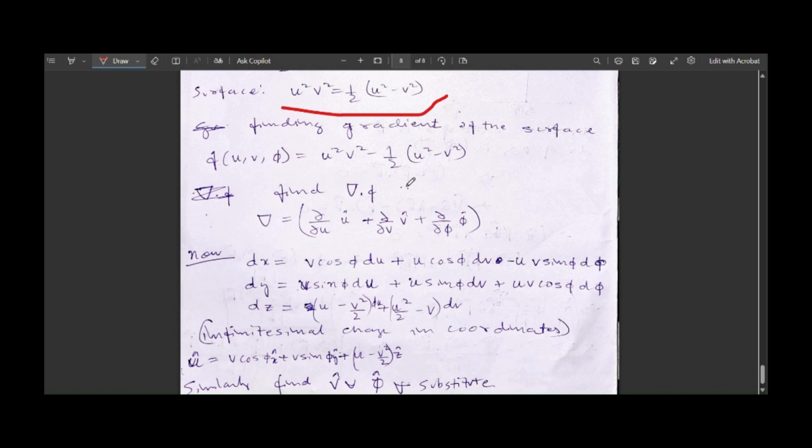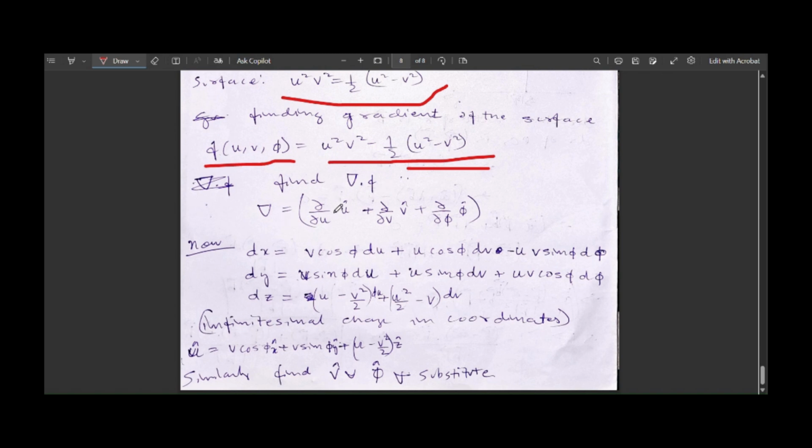Now you have to find the gradient of the surface, f as a function of u, v and φ. Find the gradient, but you cannot find it with respect to x, y and z. We have to find it with respect to u, v and φ: ∂/∂u of û, ∂/∂v of v̂, ∂/∂φ of φ̂.